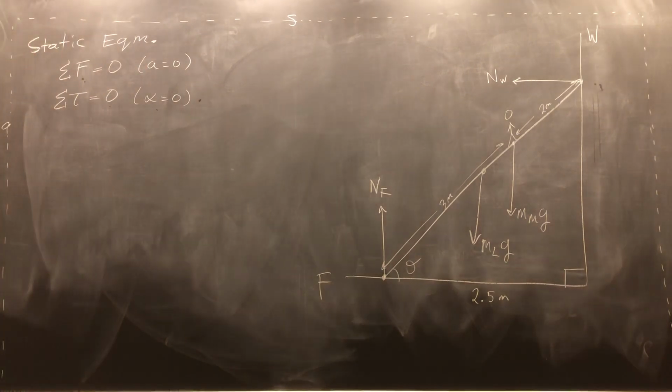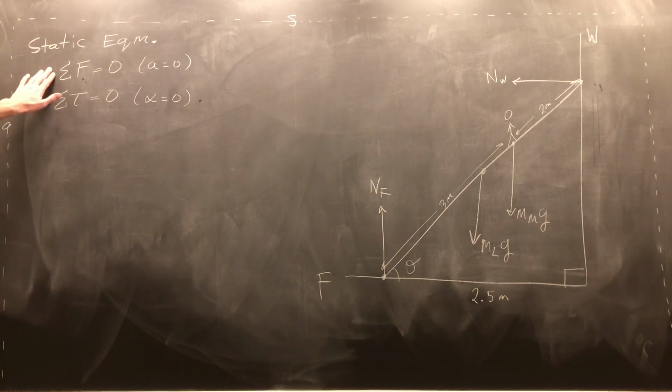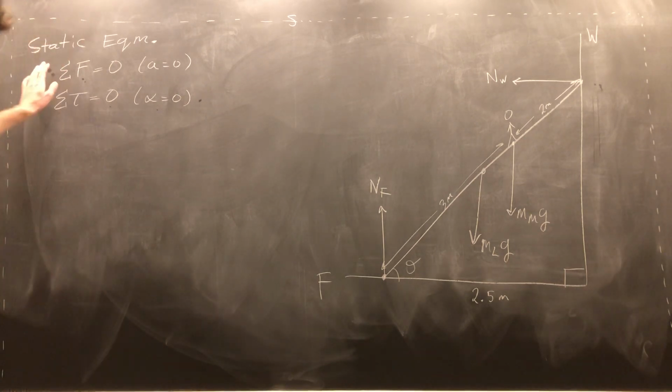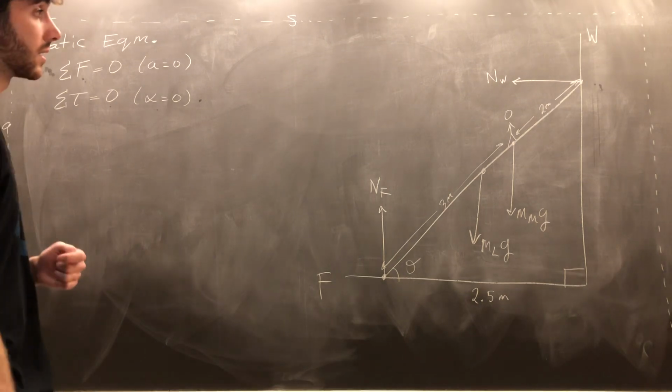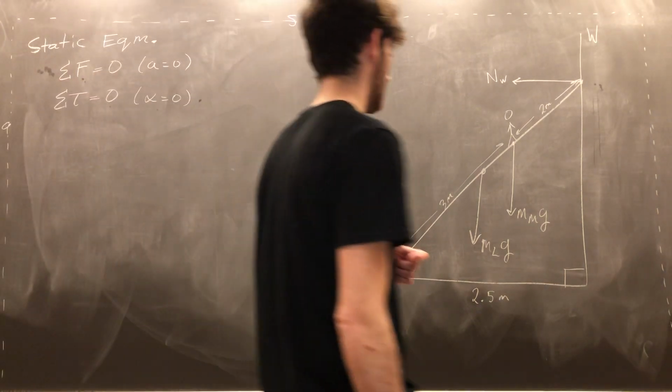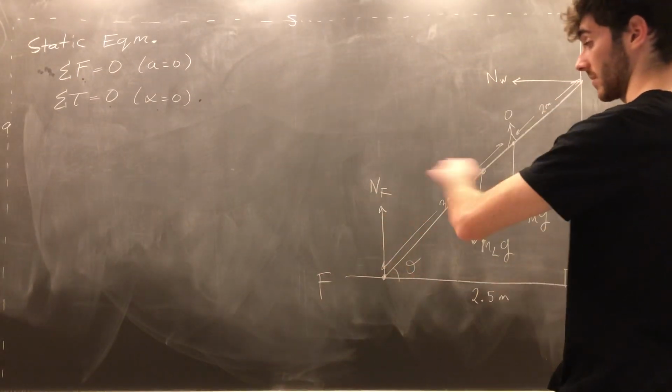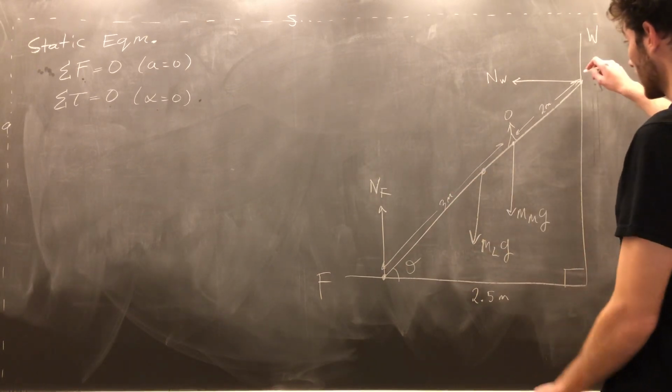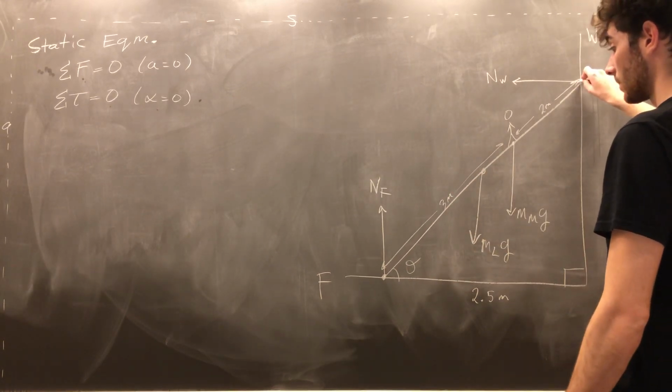And if we were to stop here, there would be a problem, because we're assuming that the system is in static equilibrium, and what that means is that the sum of forces in all directions is 0, including the x direction, for example. But if we consider what forces we have at play in the x direction, and by x I mean horizontal, the only force is this normal force from the wall.